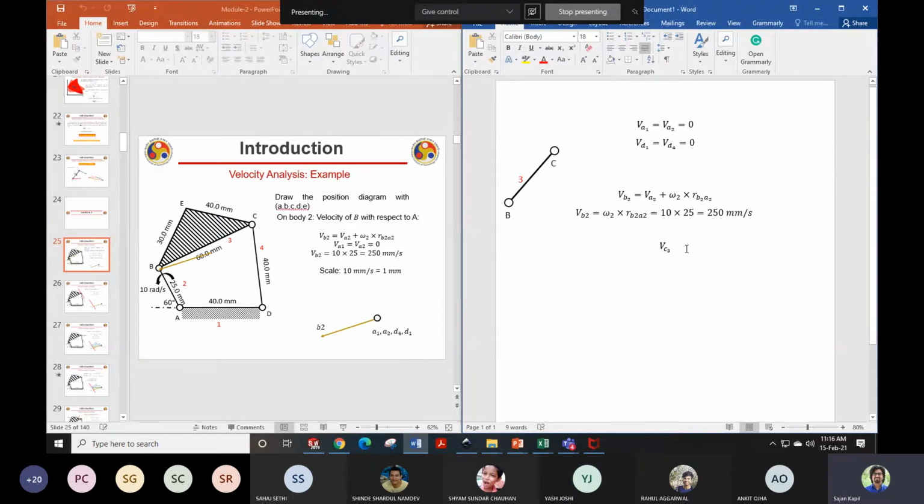VC3, the velocity of C when it is assumed to be on body 3, will be equal to VB3, the velocity of B when it is assumed to be on body 3, plus the angular rotation of body 3. Very good.